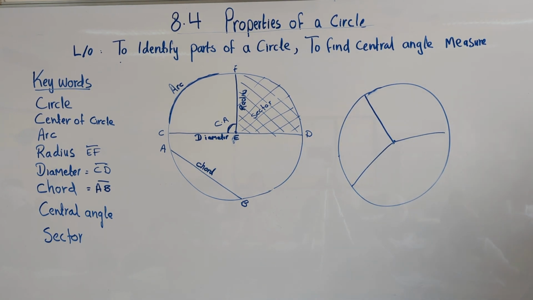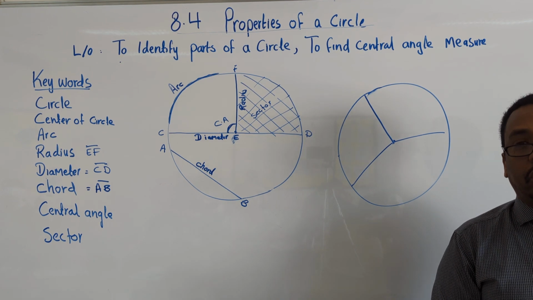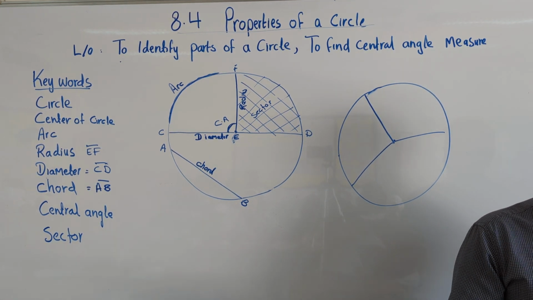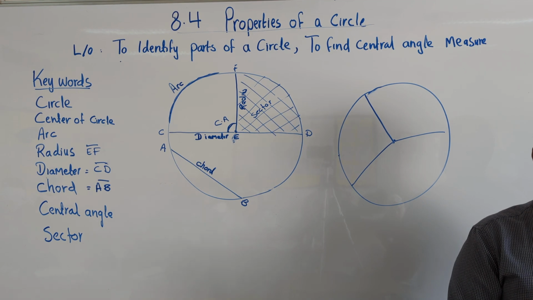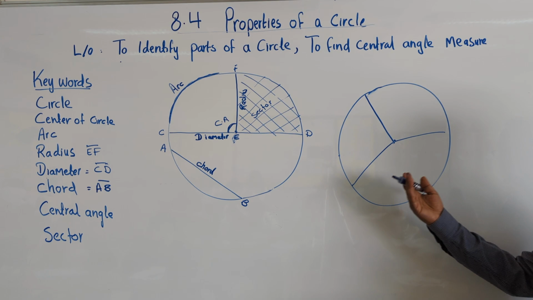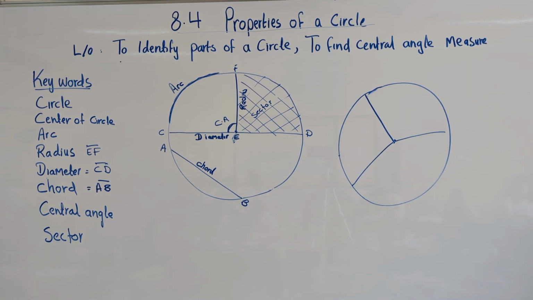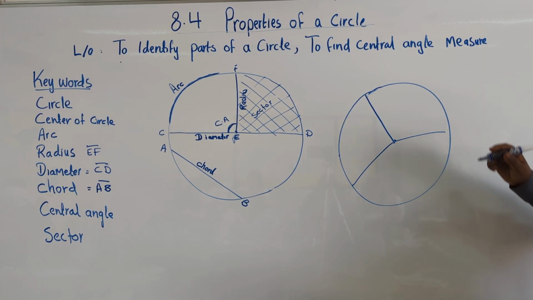Let's say we use these three different sectors to take an opinion poll. We ask 100 people what their opinion is about something: how many people are for it, how many are against it, and how many have no idea about it. On this sector, some people will say they are against it.